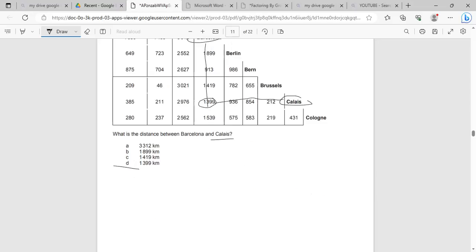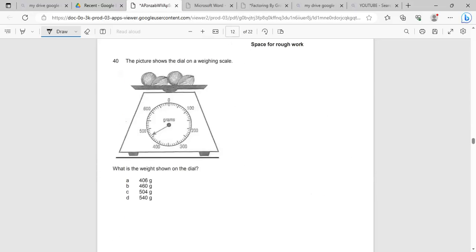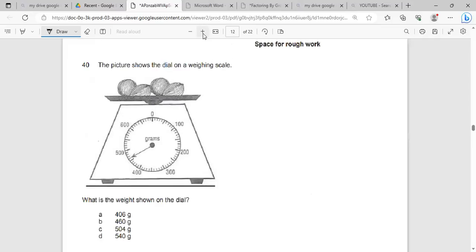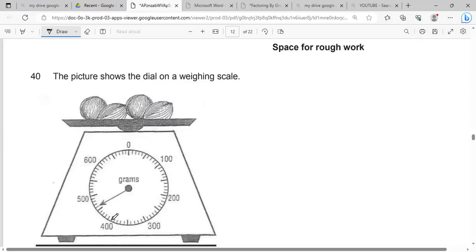All right, so let's move on to 40. I may have to zoom up this. The picture shows the dial on a weighing scale. What is the weight showing on the dial? So now, before we do anything, what we need to figure out is how much it goes up by, all right? So I'm going to zoom up the scale. We're at 400. Let me see, how many of these to get to 500?